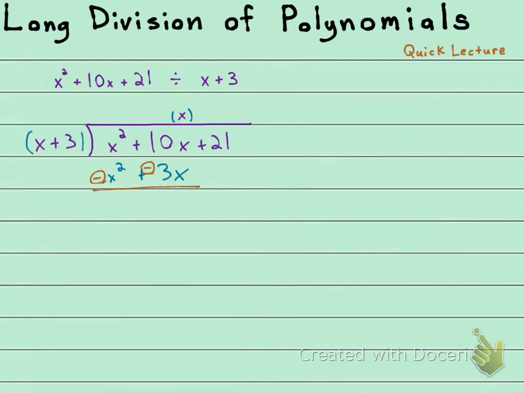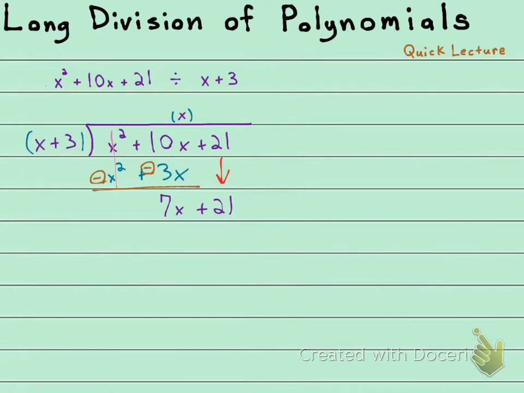That's how you subtract something, is you change the sign of it. Now, when I go to add them together, I have x squared minus x squared. That will cancel. 10x minus 3x gives me 7x. Now I'm going to drop down the 21, plus 21, and now I'll start over again.